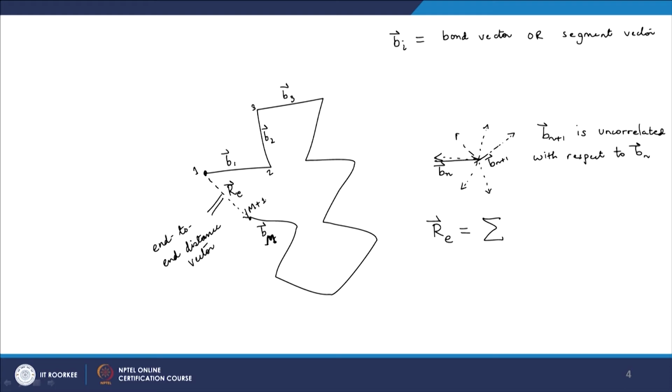So, if we have capital M segments, then Re is the sum over all these bond vectors simply by the standard vector addition rule. So, we can sum from n equal to 1 to capital M of Bi, which will be the same as the end to end distance vector. Okay.